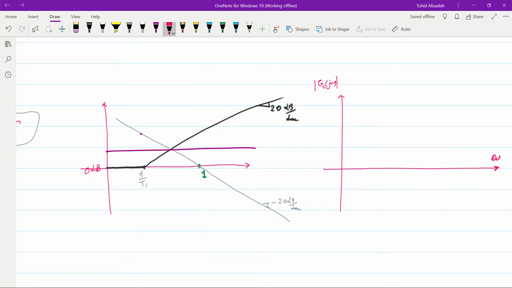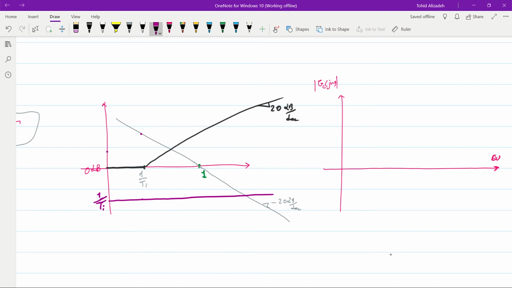Indeed, I think I need to redraw the part for 1 over Ti. We know that Ti will be a kind of big value, so 1 over Ti, which is the location of the zero of the controller, will be close to the origin, so it will be much smaller than 1. And as a result, the amplitude that we get for 1 over Ti will be negative in terms of decibel. So this will be somehow 1 over Ti.